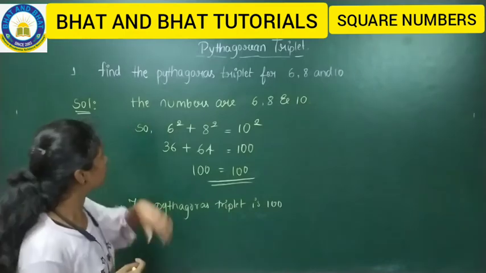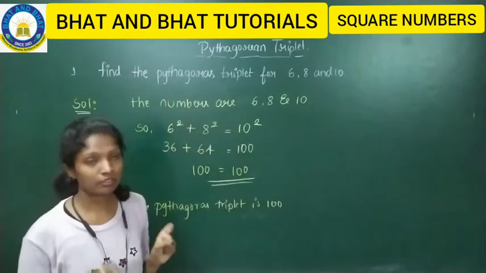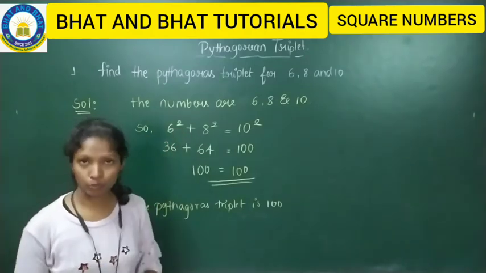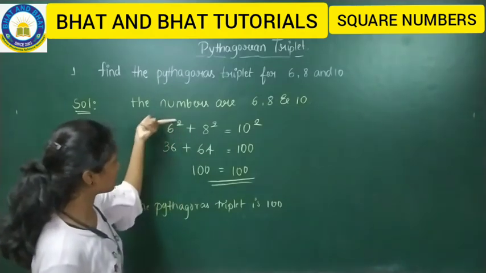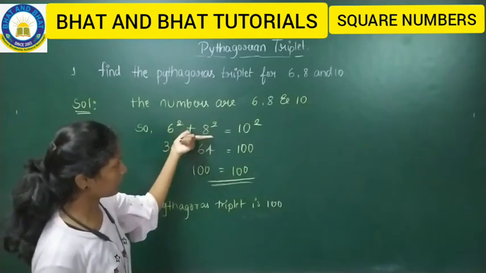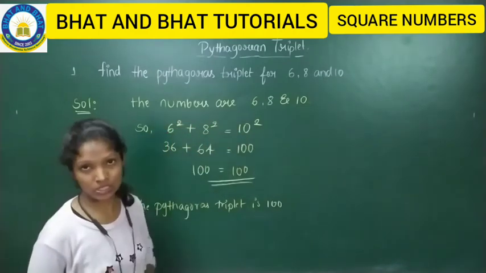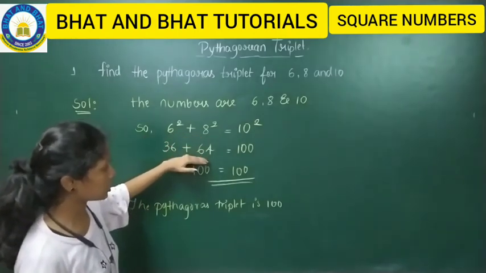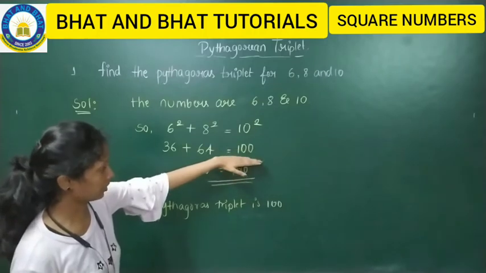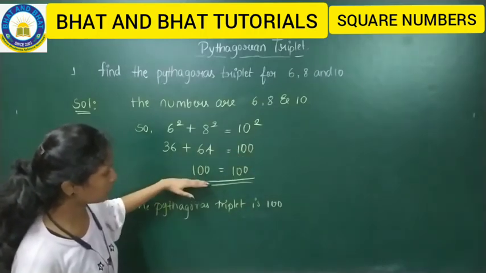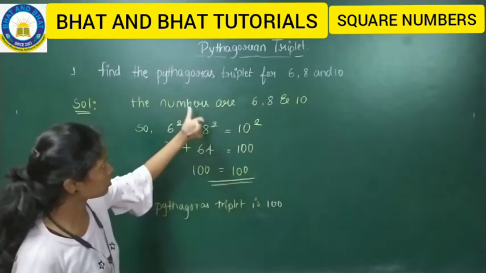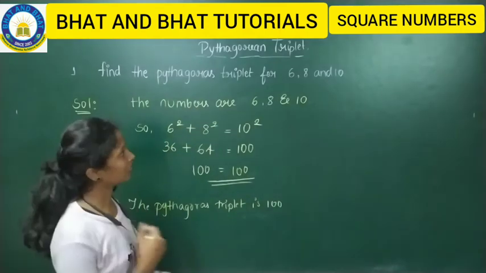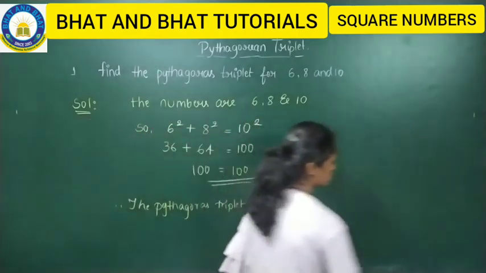So you write the numbers 6, 8 and 10 and take the squares of those numbers: 6 square plus 8 square equals 10 square, where 6 square is 36, 8 square is 64, 10 square is 100. So 36 plus 64 is 100, which is equal to 100. So your Pythagoras triplet has been proved. Got this? Now you can copy this down.